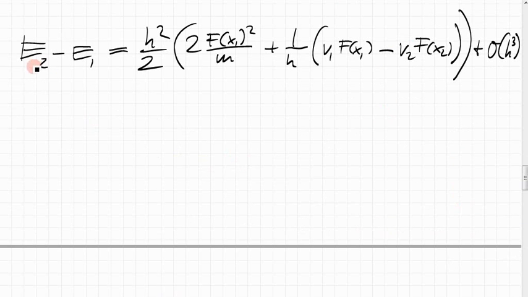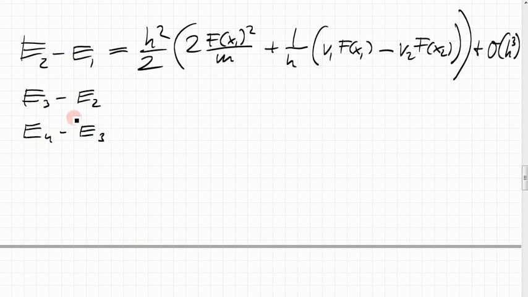The energy after the step minus the energy before that step. What I'm interested in is not just the single step. I want to look at a finite amount of time being simulated. So I want to do tons of steps. So I need E3 minus E2 and I need E4 minus E3.